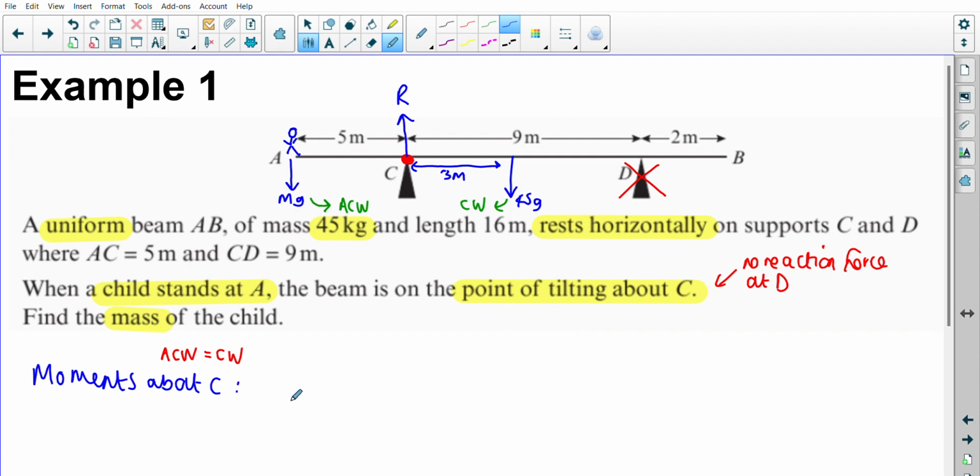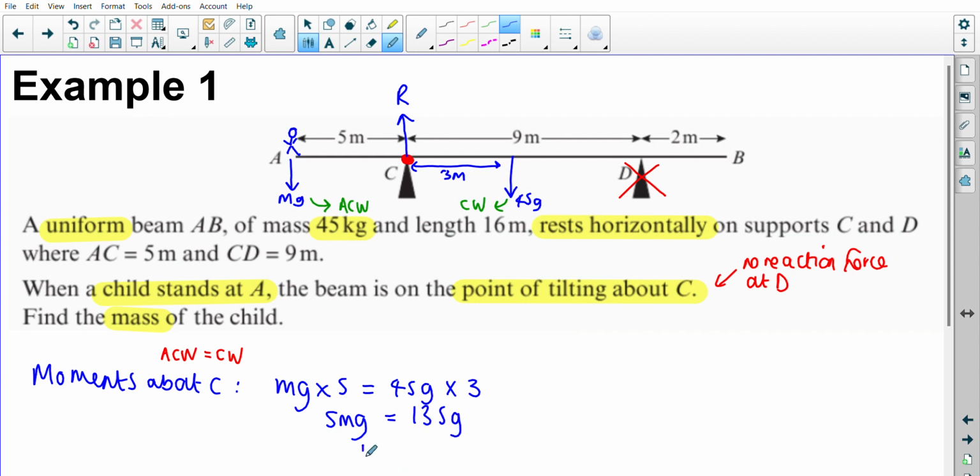That's going to be mg times by 5, which equals... sorry, it's about C, isn't it? 3 meters times by the force, like so. So this is 5mg, which equals 135g.